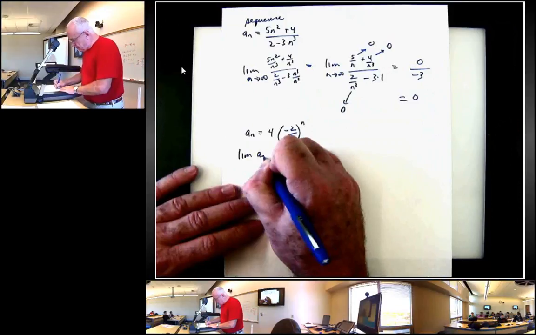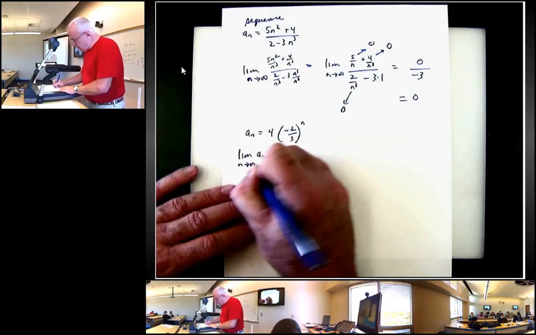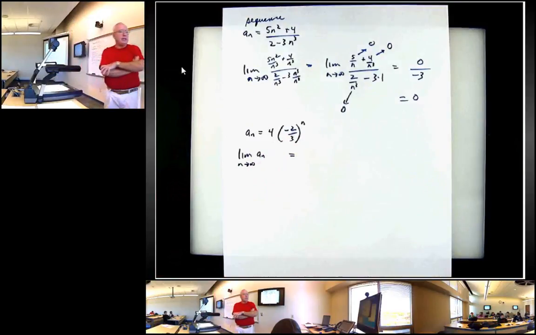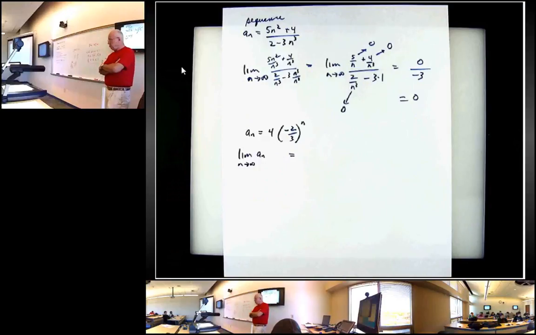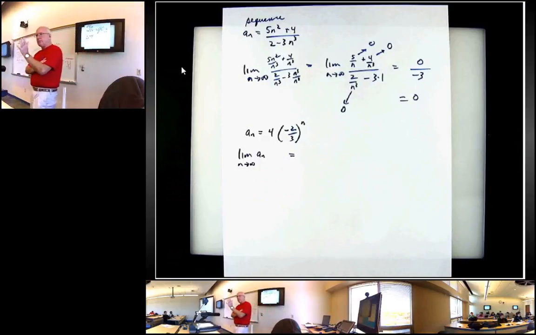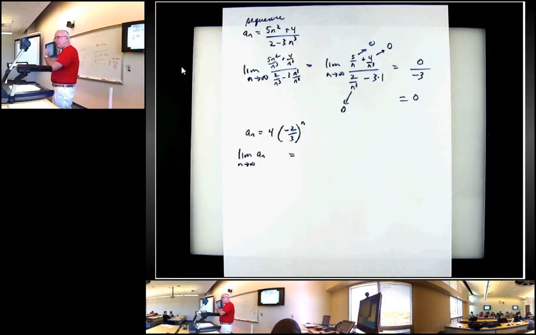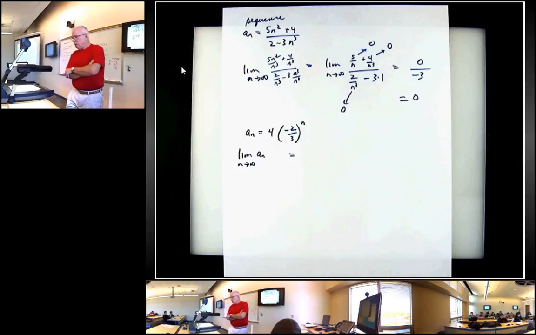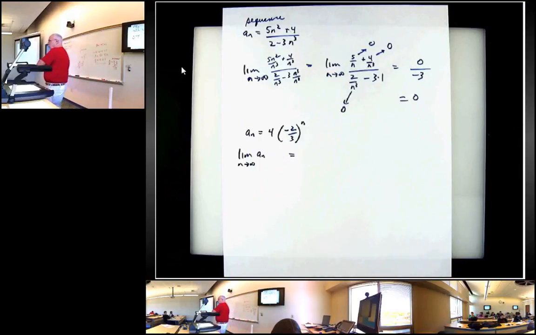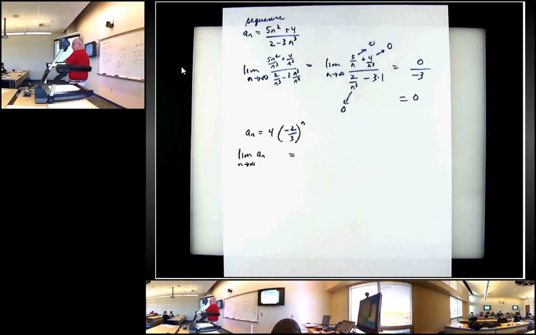What would be the limit of this particular sequence as n keeps getting bigger and bigger? Now, we're not adding anything up. This isn't a series. It's just a plain old sequence. So that negative 2/3 keeps getting raised to a bigger and bigger power. Where do you think we're headed with this value?